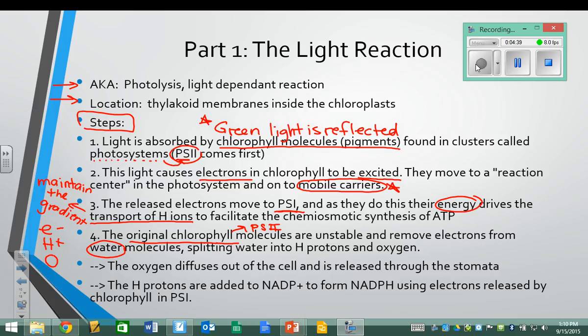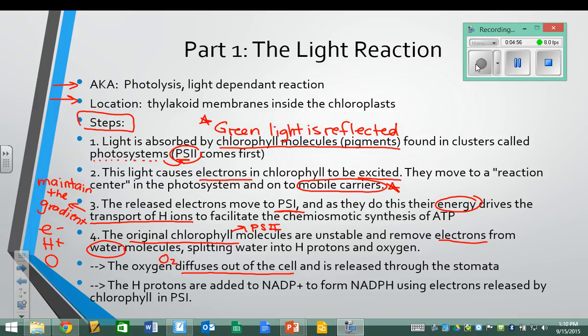Well, I know where the electrons are going. They're going back to the chlorophyll in photosystem 2 because they lost their electrons. The oxygen diffuses out of the cell. So remember, 2 of them will combine, make O2.